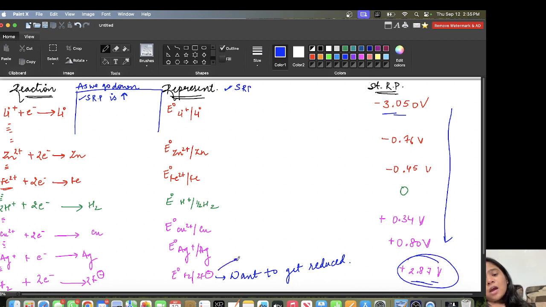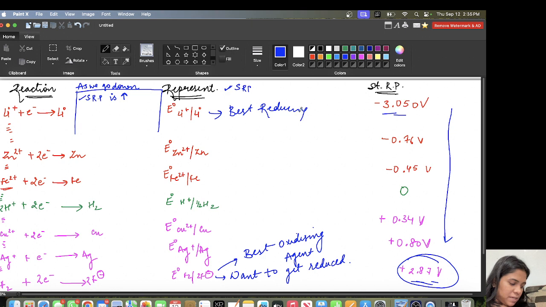So they are called the best oxidizing agents. In redox reactions, whatever wants to get reduced easily is a good oxidizing agent. So here you will get the best oxidizing agents, and towards the top they want to get oxidized, so they will be the best reducing agents.